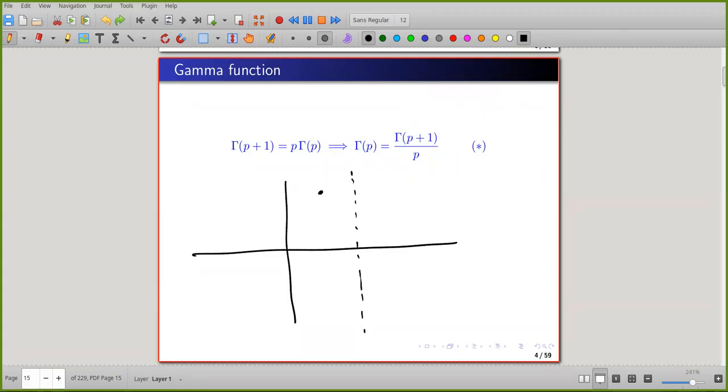Now we define the value of gamma at this point: I go to p plus 1 and then divide by p. So this gives me gamma of p plus 1, and then I divide this by p, where p is some complex number. This now allows me to extend my gamma function to this region.